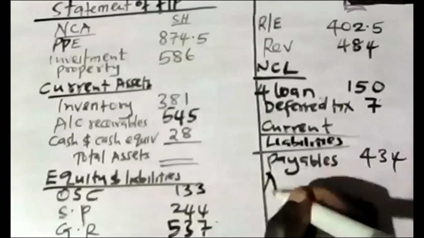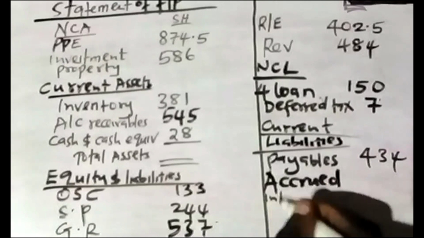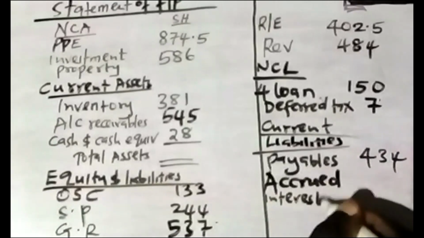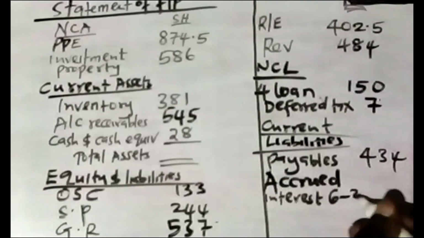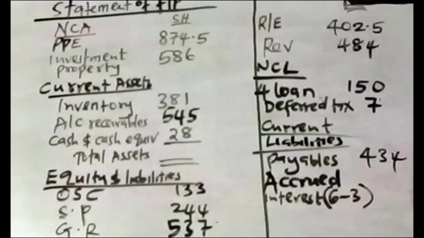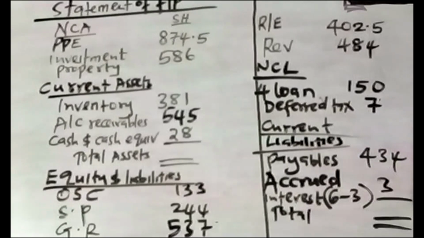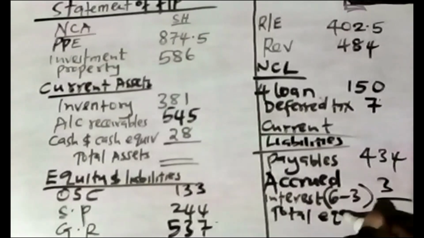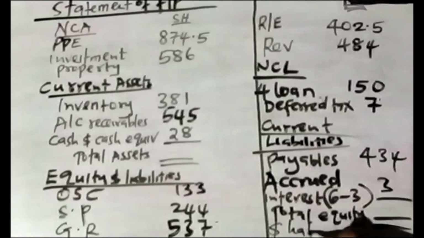The last, now you talk about the accrued interest. You see the interest, the total was 6, but I think I explained the 3 was paid. So the accrued is 3. So that is the total liabilities there, and total equity and liabilities.